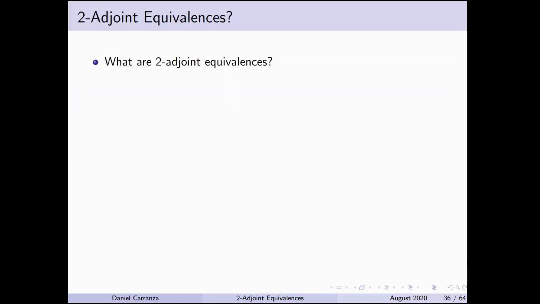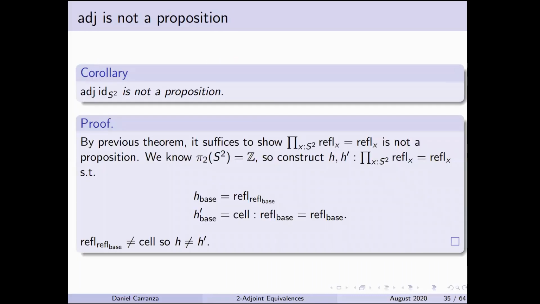Can I ask a question, Daniel? Yes. So you've used equivalence induction a bunch of times, and that relies on univalence. Yes. And univalence relies on a definition of what an equivalence is. So yeah, that's a fair point.